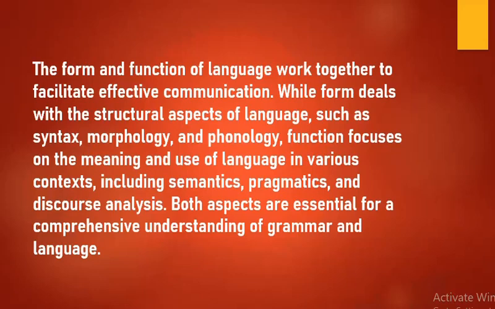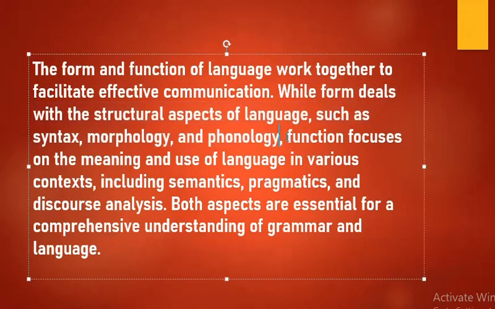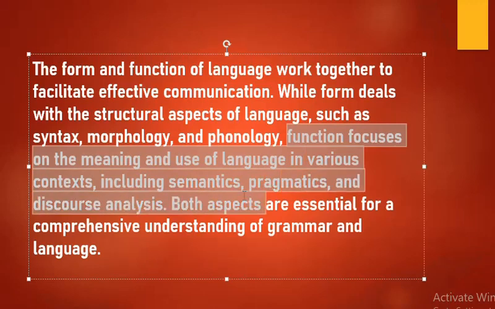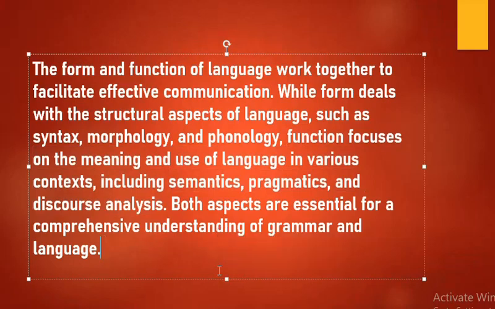We need both form and function for our communication to be effective. And as we discussed earlier, form deals with the structural aspects of language such as syntax, morphology, and phonology. And function focuses on the meaning and the use of language in various contexts, including semantics, pragmatics, and discourse analysis.